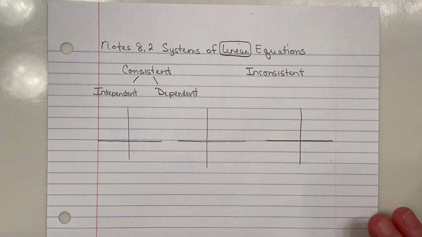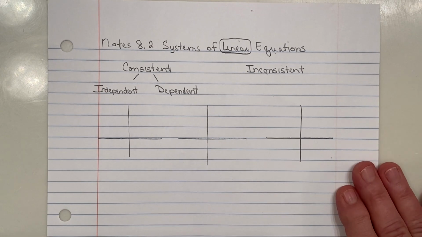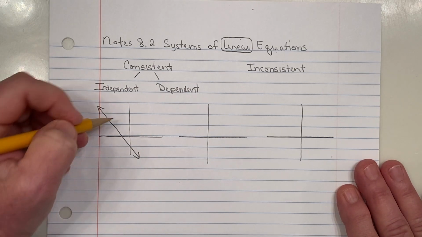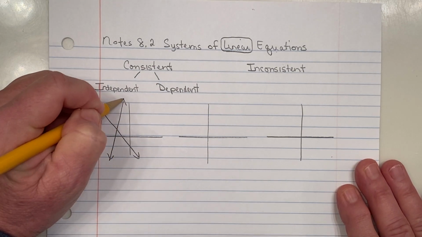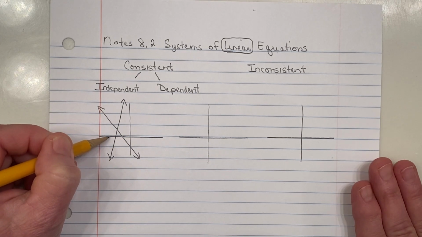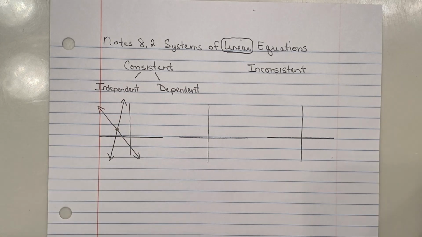Now, when we take two lines, there are several things that can happen when you put two lines on one particular coordinate plane. It can be that when we draw a line and then we draw another line, this is a system of linear equations because I have two or more lines graphed. It's possible that those two lines intersect in only one point.